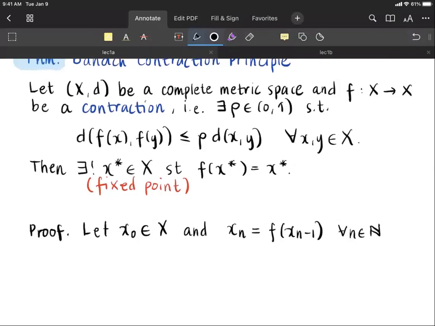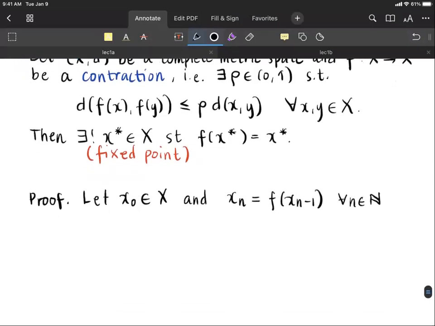What we claim here is that this sequence generated in this way is in fact a Cauchy sequence. Okay, so first let us look at the distance between x2 and x1.